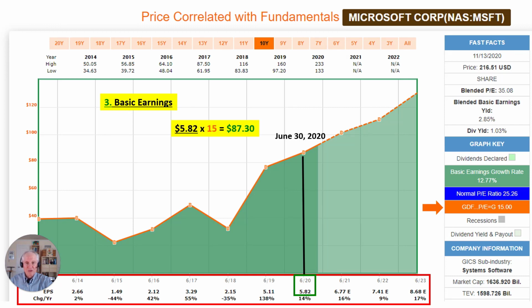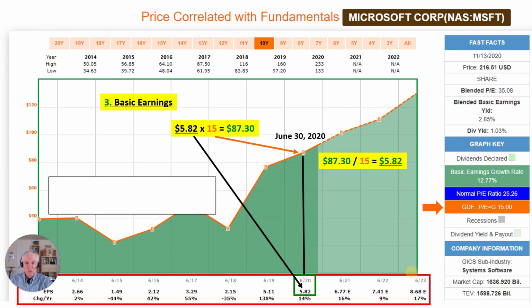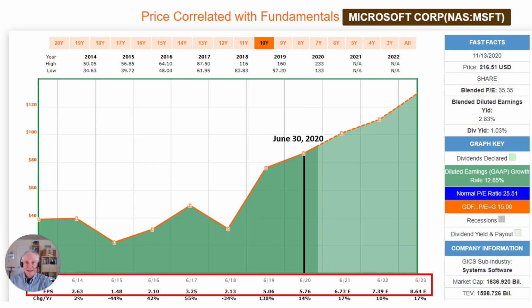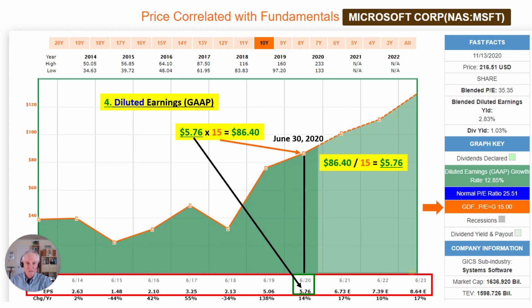We come up with a value of 87.30 on that day, that point in time. It's one way to look at the value of Microsoft. Basic earnings per share. Next, we can look at it as diluted earnings per share, 576. That's a value of 86.40 for Microsoft.